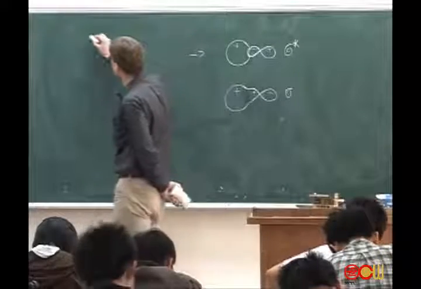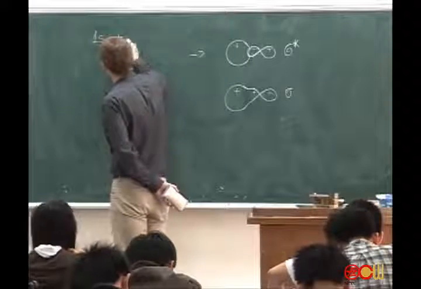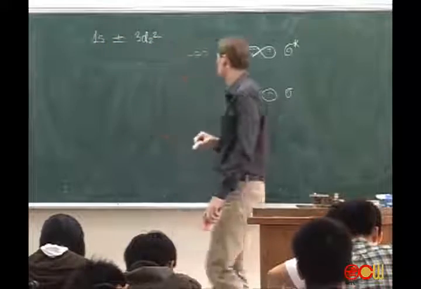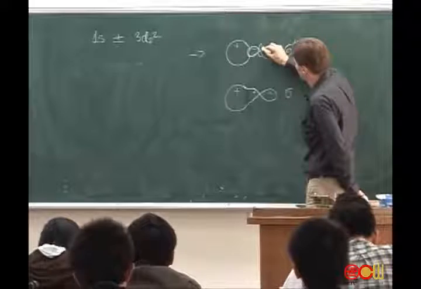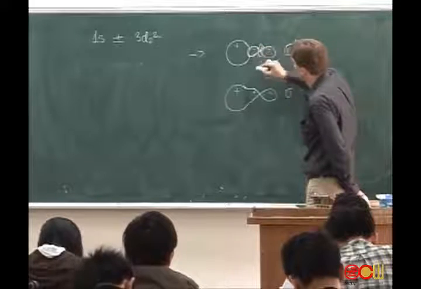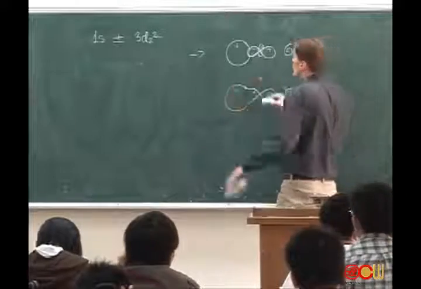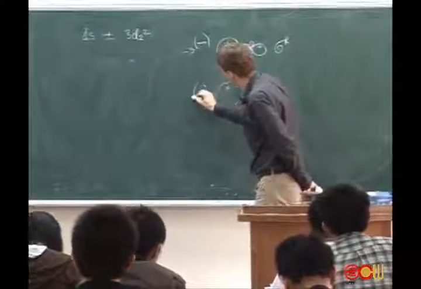What happens if 1s reacts with 3dz square? The same story. The only difference here would be the circle, and well, no, there would be a difference for the minus sign and for the plus sign.